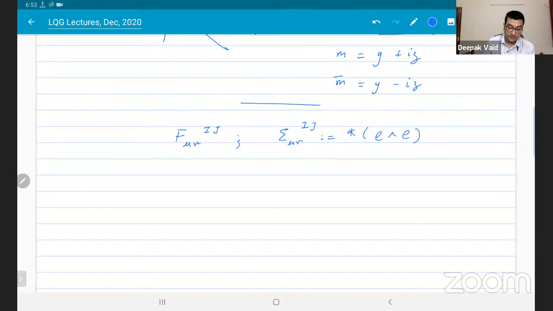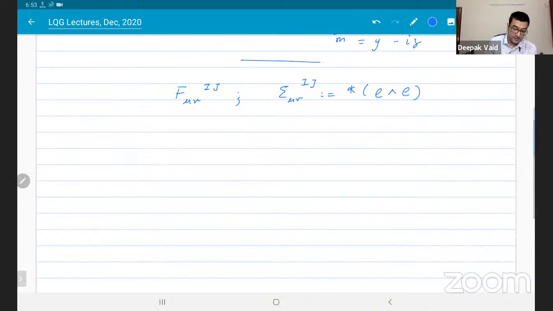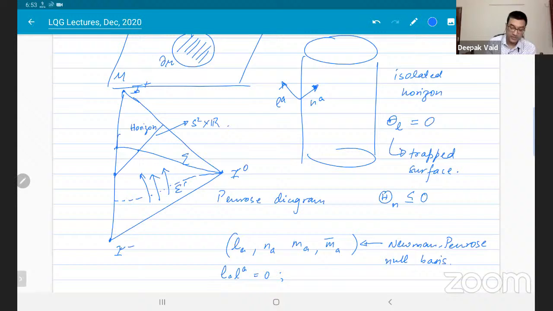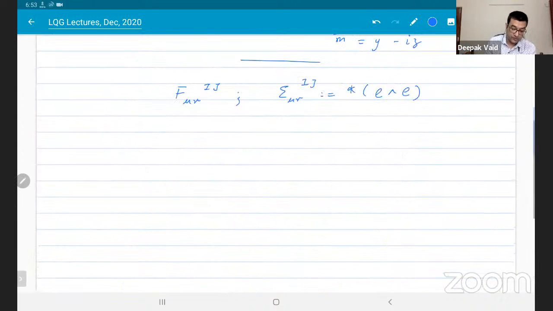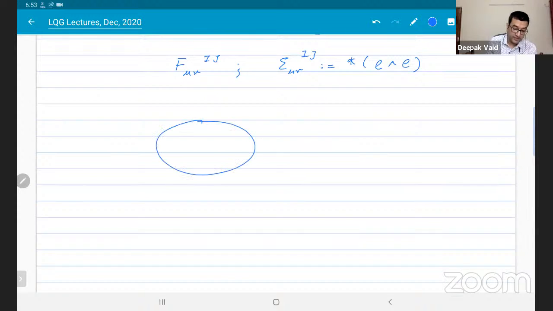And so these two can be pulled back to the horizon. You can ask, what is the restriction of these objects to the horizon? And so on this isolated horizon, we can define a triad basis.